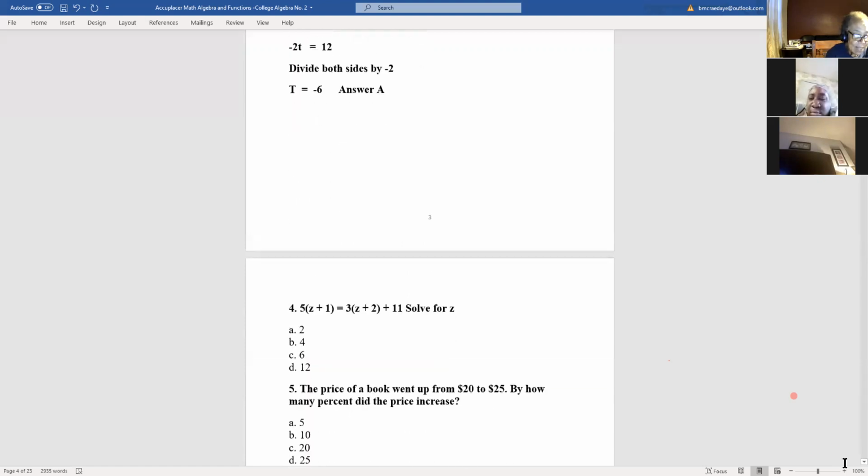Go ahead and solve that one. 5 times z plus 1 equals 3z plus 6 plus 11. So you've got parentheses here, so you're going to have to multiply, right?